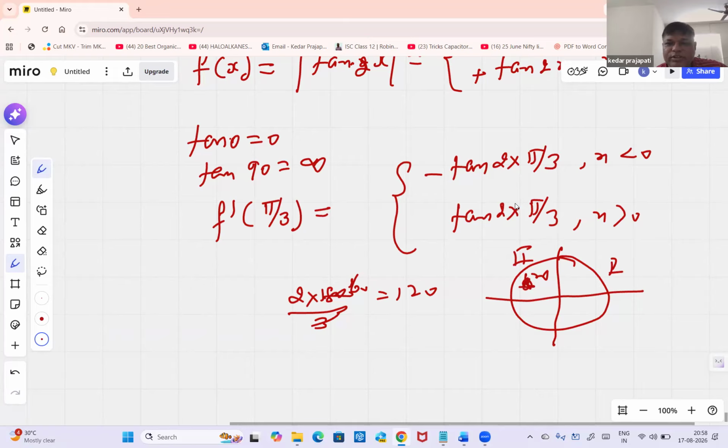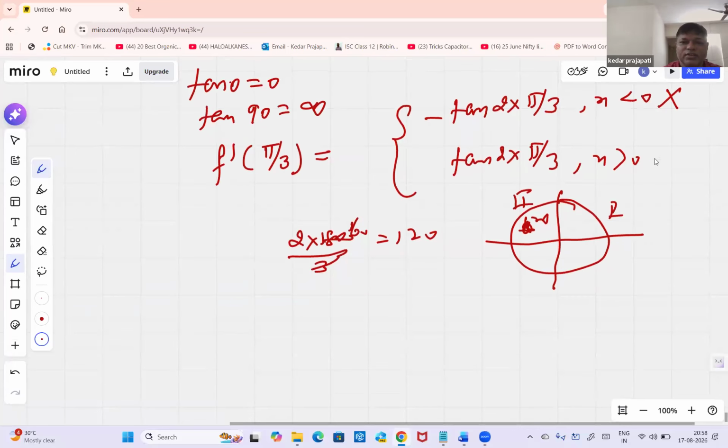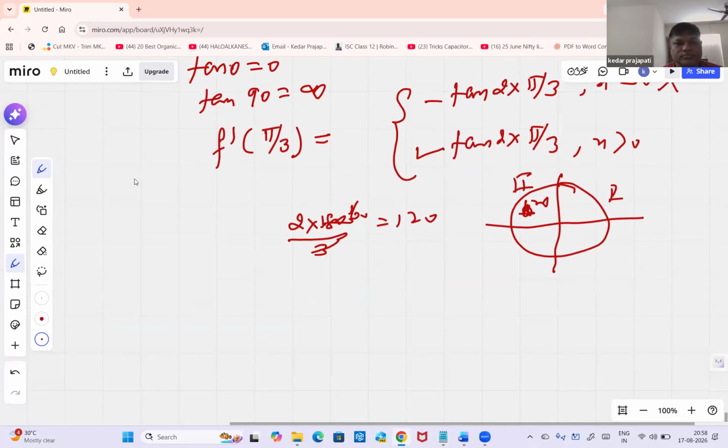But minus 120, where will it come? It will never come, right? So this is not valid. So we are left with this. Minus 120 degree is not possible, no?